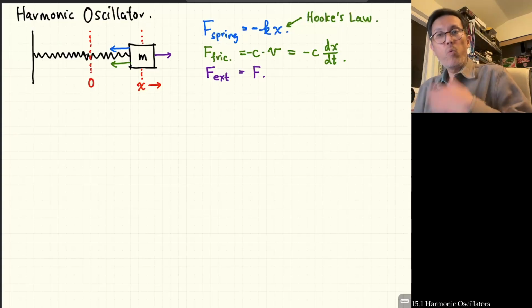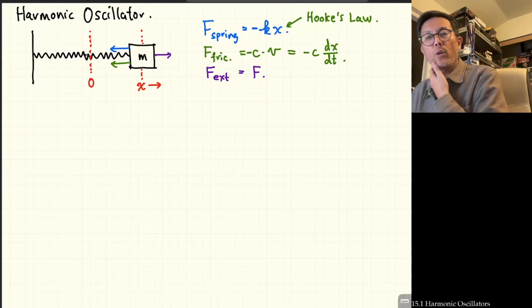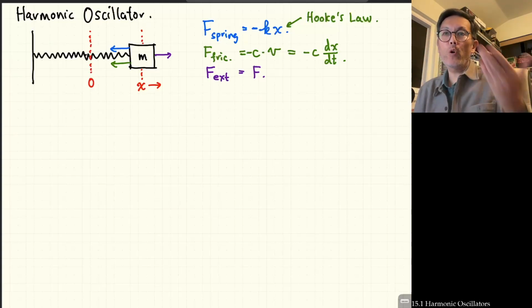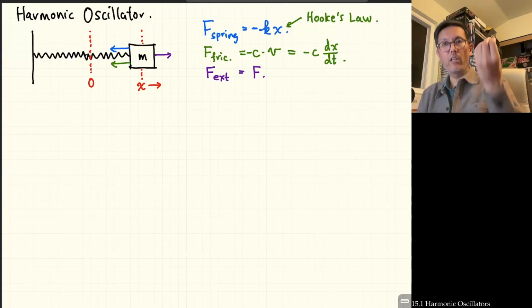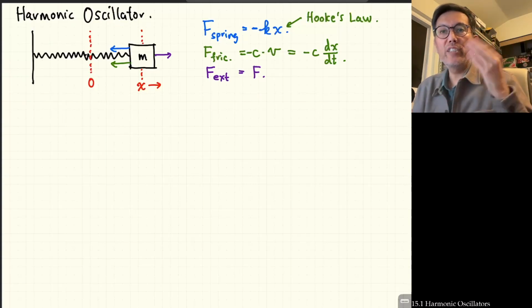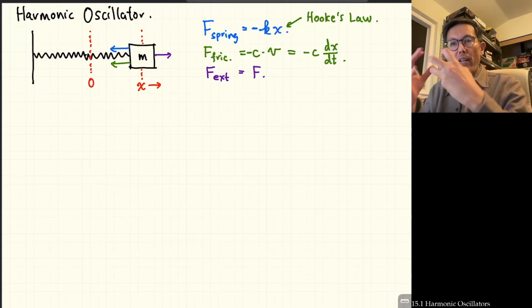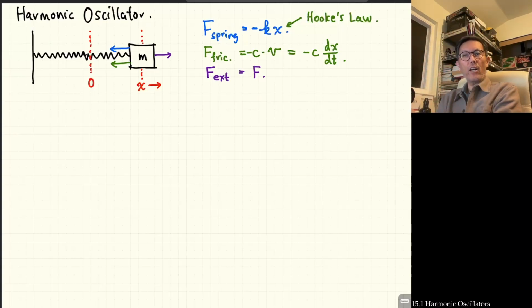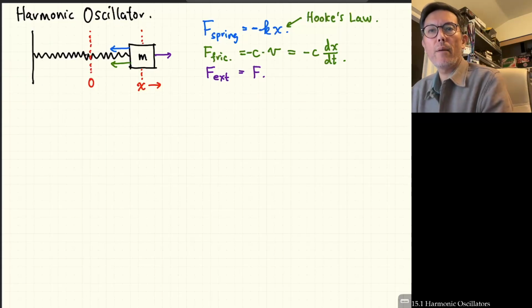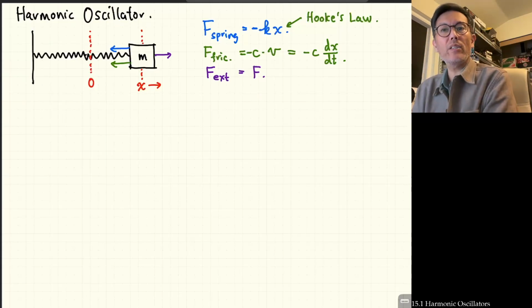Now, how can we build a differential equation out of all of this data? Well, of course, the crucial law that we're going to use is Newton's second law, F equals ma. F net, the net force acting on this object, is what's going to be equal to mass times acceleration.